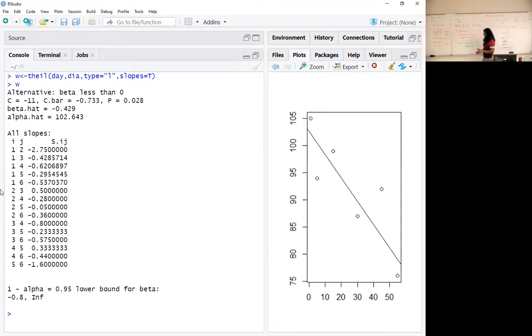The estimated beta is negative 0.429. So it is given that beta hat is negative 0.429, and we want to find alpha hat.